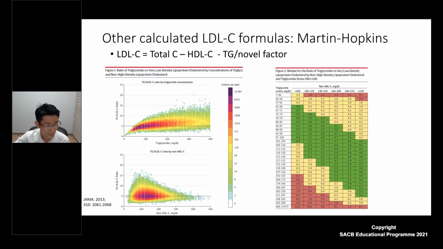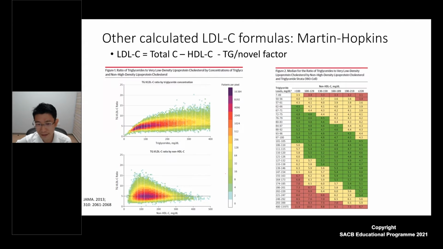You can see over here that depending on the triglycerides and your non-HDL cholesterol, which is just your total cholesterol minus your HDL cholesterol, you can have varying TG over VLDL cholesterol ratios. How do we use this table?